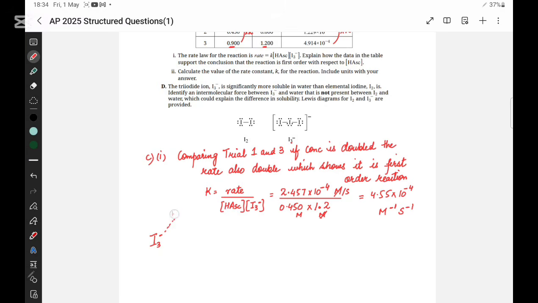It is going to attract with hydrogen. Oxygen is having partial negative charge, hydrogen is having partial positive charge. So this positive and this negative would attract each other, and they would be developing ion-dipole attraction between I3⁻ ions and water.